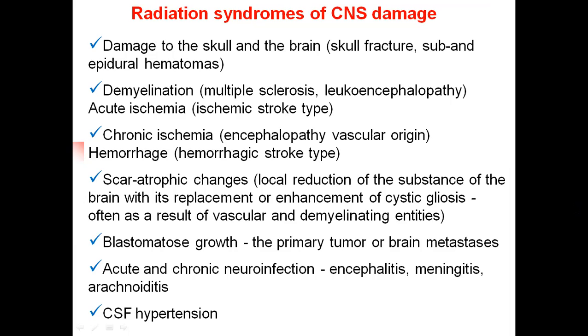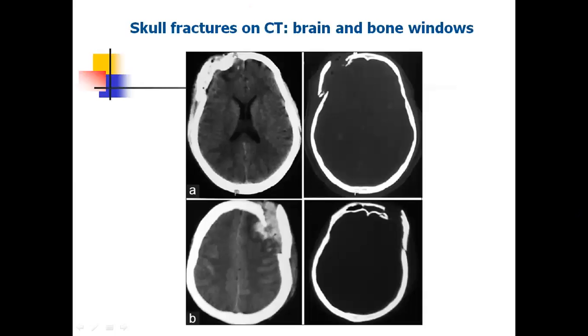Another syndrome is blastomatous growth, the primary tumor of the brain or brain metastasis, acute and chronic neuroinfection, encephalitis, meningitis, arachnoiditis, and at last cerebrospinal fluid hypertension.